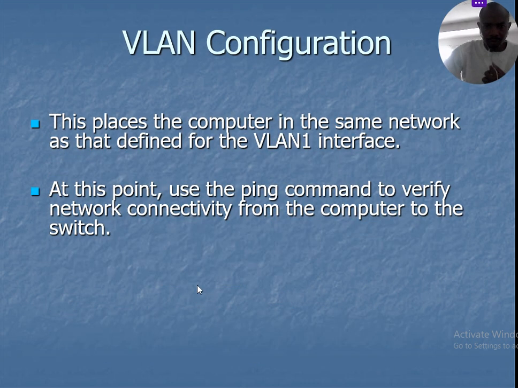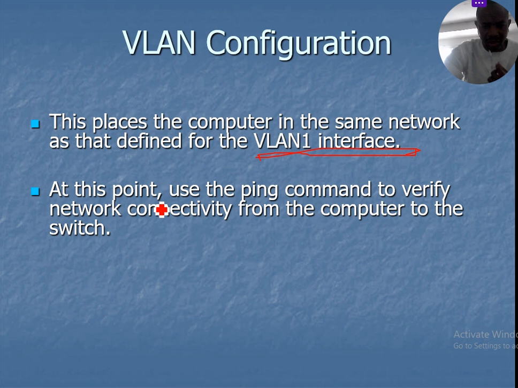This places the computer in the same network as that defined for the VLAN interface, which is the administrative VLAN. So any computer here is on the same interface, and you have a computer that can work with that interface.